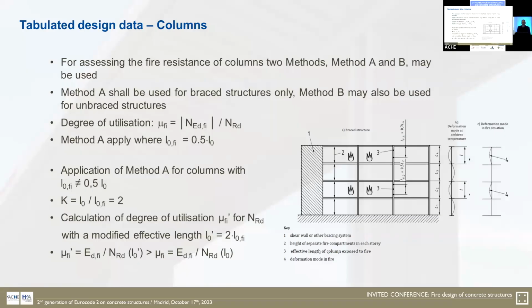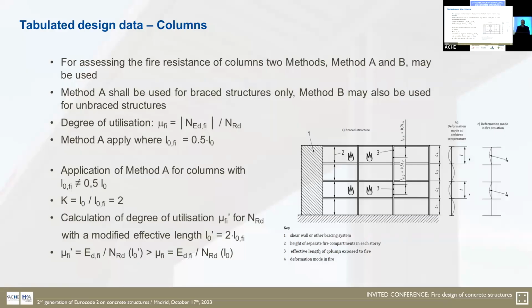So basically we had everything based on this degree of utilization, which means how much the column is stressed in fire conditions, this mu Fi, and then this method, which was retained, can still be applied where the buckling length in fire is half of the buckling length at ambient conditions.